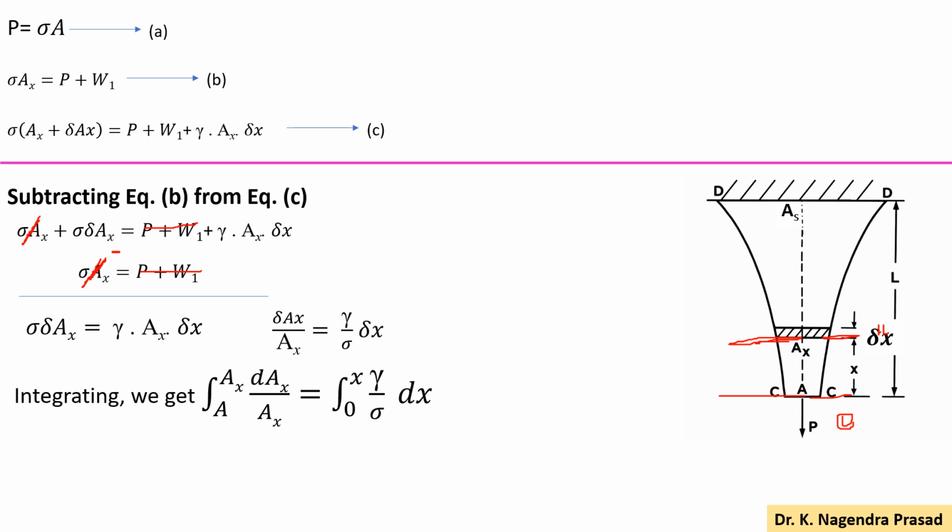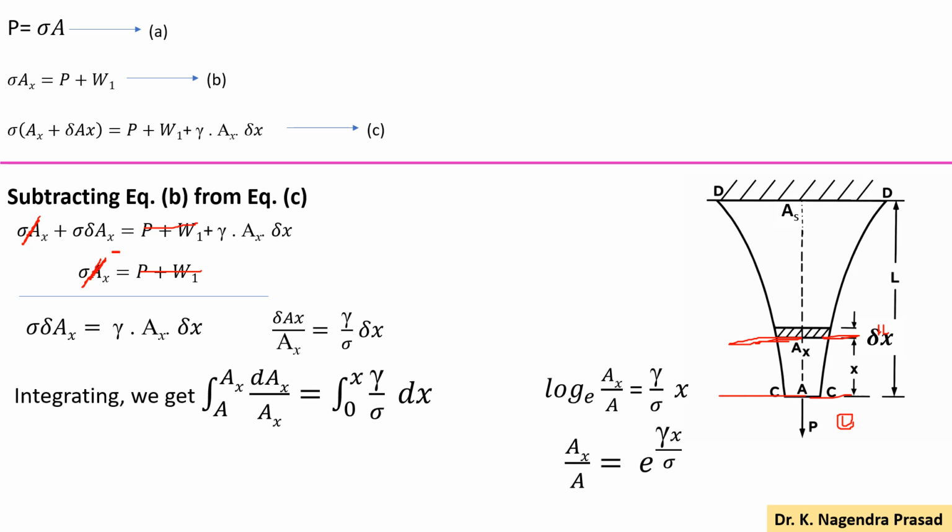So, the integration from A to Ax of dAx divided by Ax equals the integration from 0 to x of gamma divided by sigma dx. From this, log base e of Ax divided by A equals gamma by sigma into x.